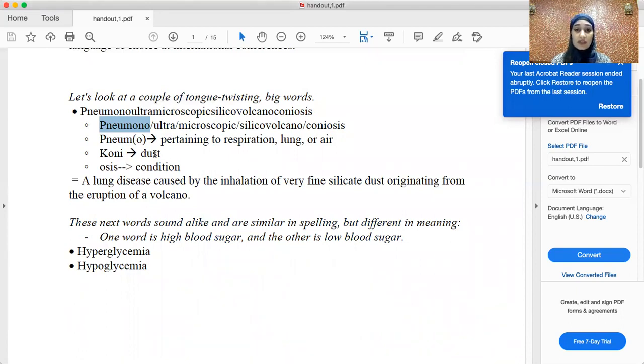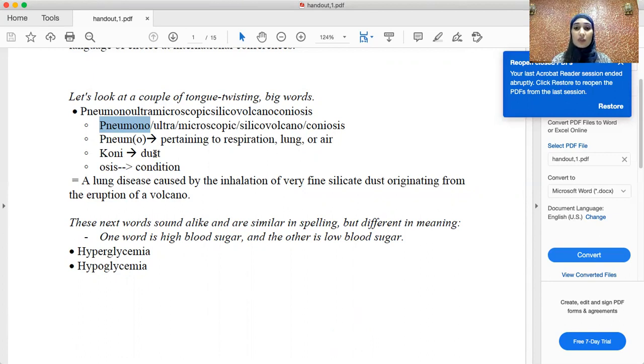So the meaning of this large word, when we divide it like this into its components, is a lung disease caused by the inhalation of very fine, very tiny silicate dust originating from the eruption of a volcano.